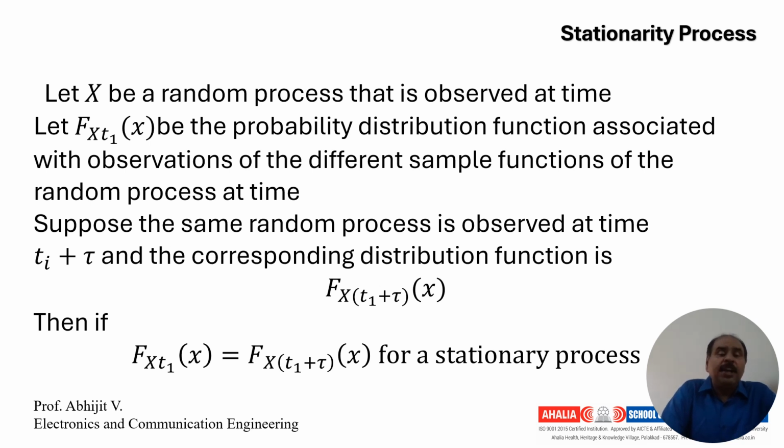Suppose that the random process is observed at time t1 plus tau and the corresponding distribution function is Fx of t1 plus tau of x. Then if Fx of t1 of x is equal to Fx of t1 plus tau of x, then this process is called a stationary process.